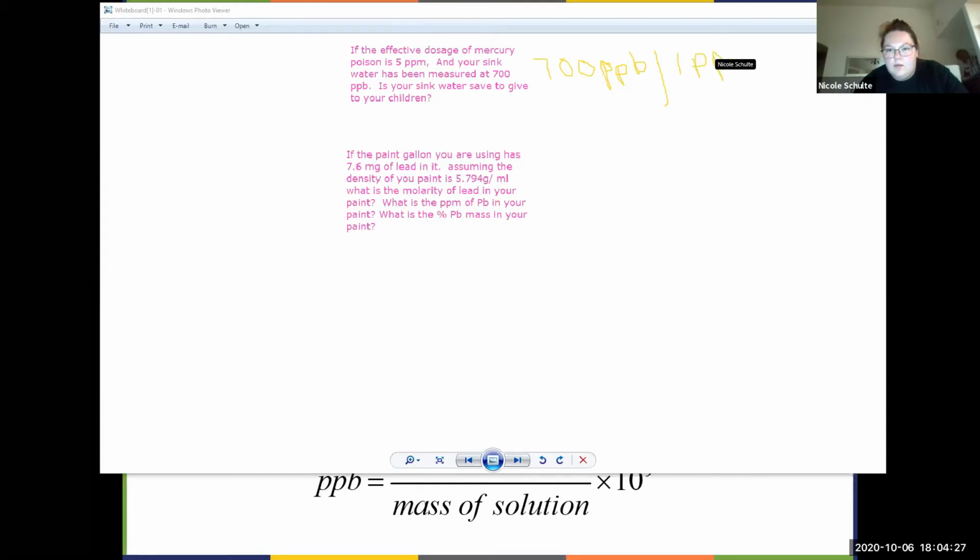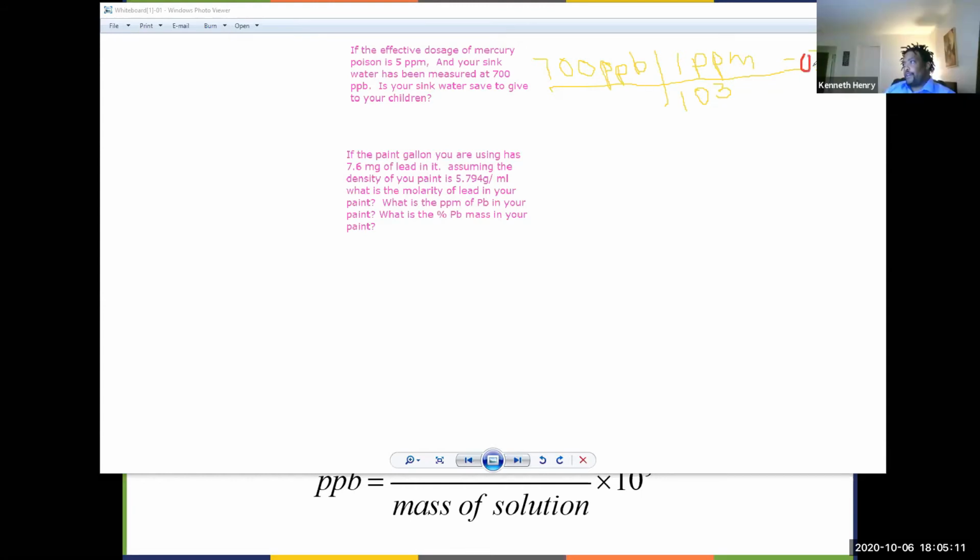So we got 0.7 parts per million. And yes, the sink water is not safe because that's where this part comes in, and that's 5 parts per million. So it's over the dosage of mercury poison.